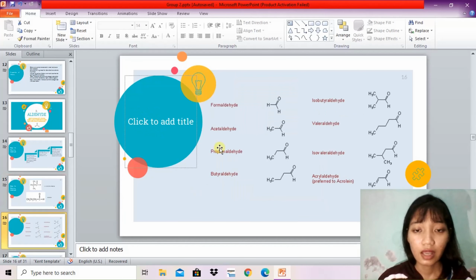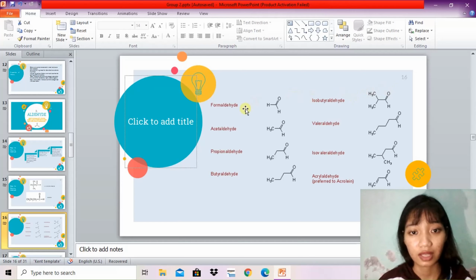Then these are trivial names of some popular aldehydes, such as formaldehyde. Formaldehyde is the simplest aldehyde. It contains only one carbon atom that is attached to the aldehyde group. So formaldehyde is actually methanal.